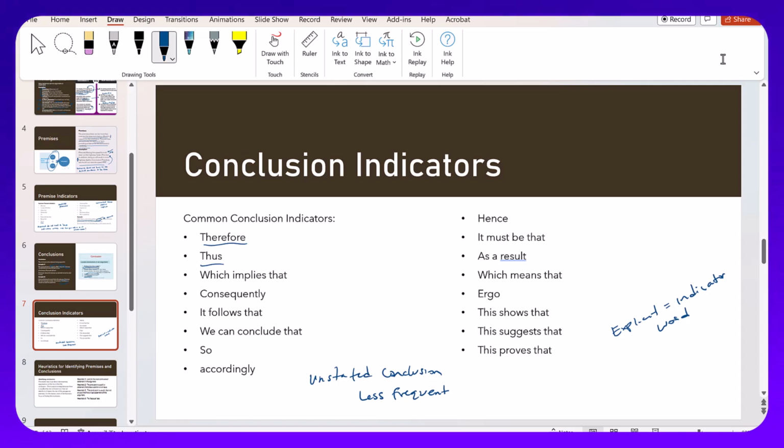The political party that best reflects mainstream opinion will win the presidency, and the Republican Party best reflects mainstream opinion. Right, so what is the unstated conclusion? It's that the Republican Party will win the presidency. You have the statement that the Republican Party best reflects mainstream opinion, and that's that part.